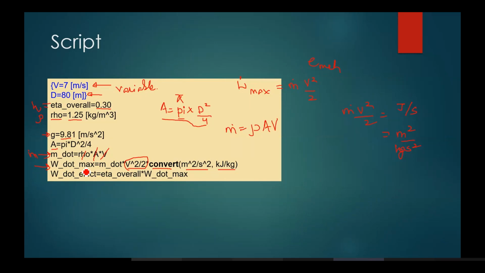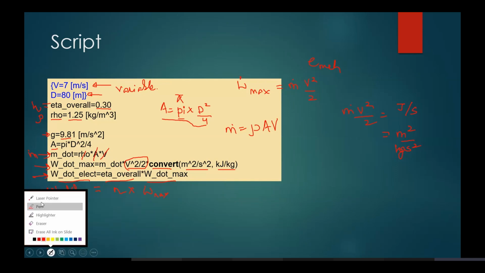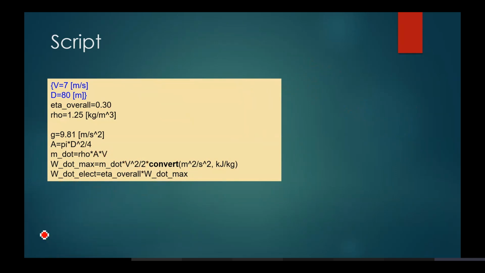Yes, sir. All right. And then I have calculated W dot electrical, which is the electrical energy or W dot actual that you get. It is nothing but efficiency multiplied by the maximum work, or maximum power, you can get. So I've written all the equations. Now what I'll do is go to the parametric table.